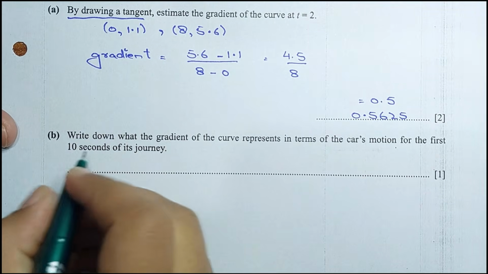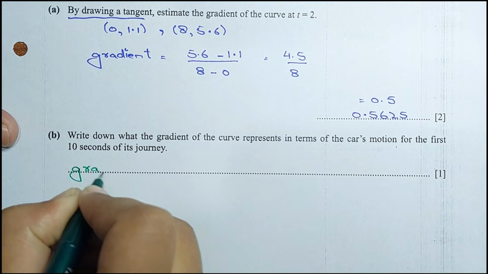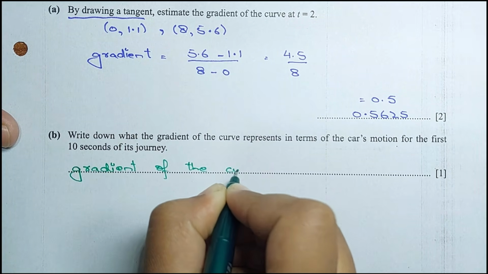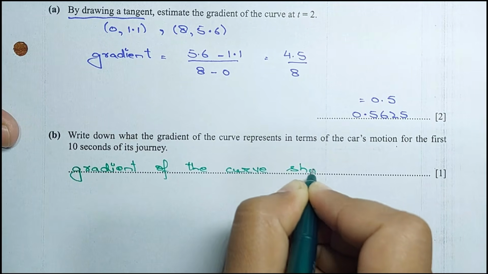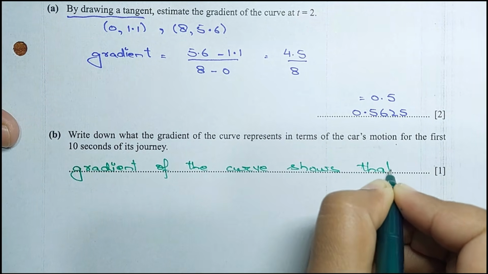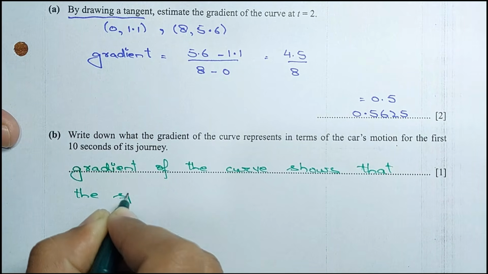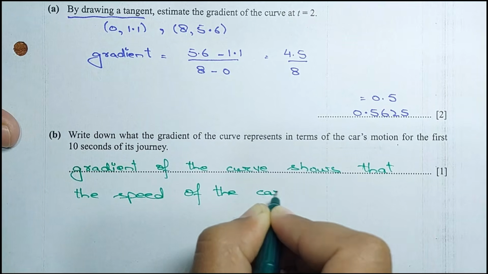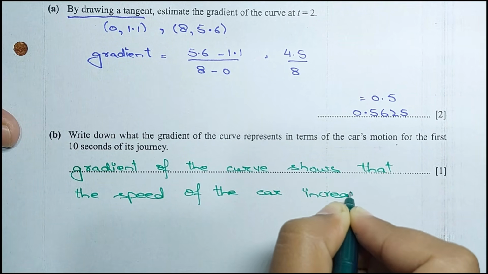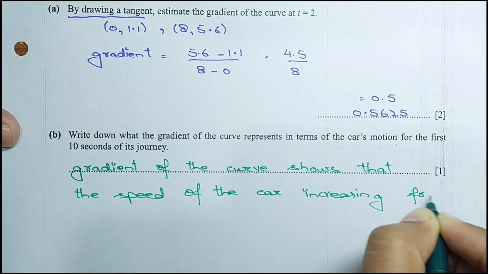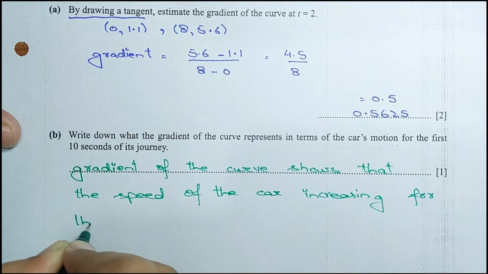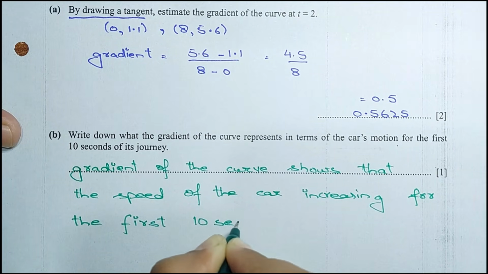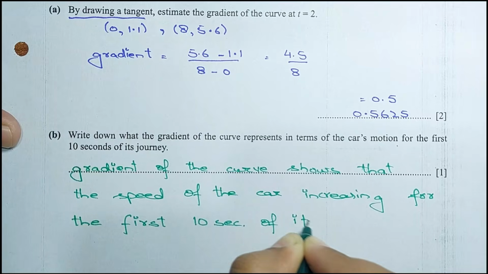So we can say the gradient of the curve shows that the speed of the car is increasing for the first 10 seconds of its journey.